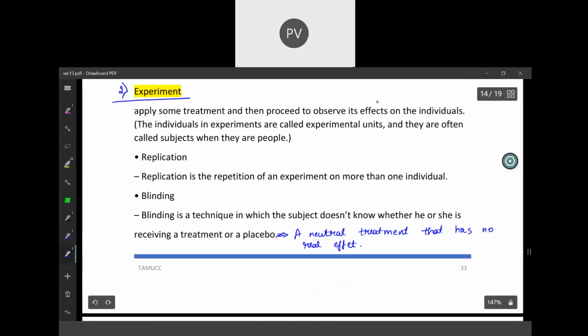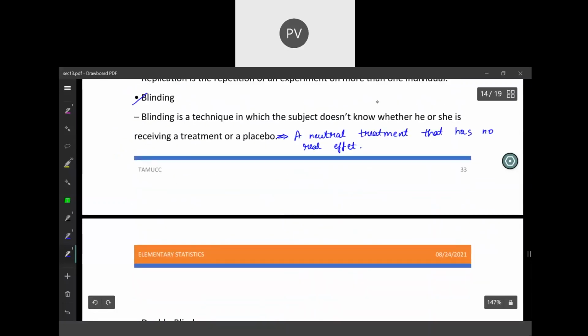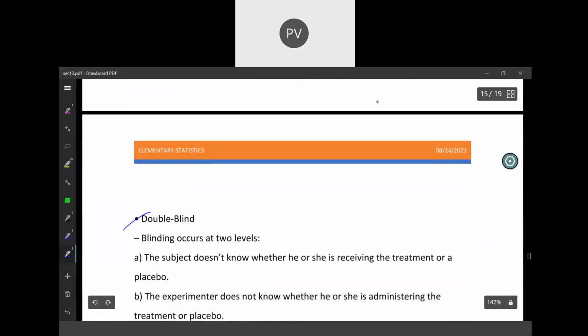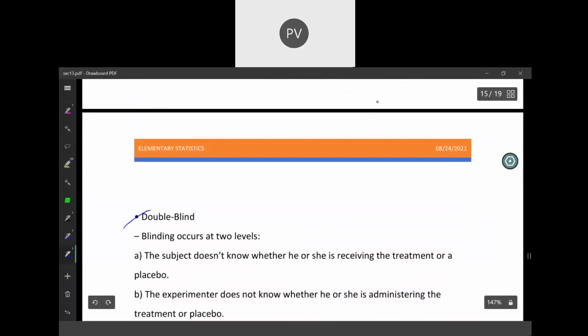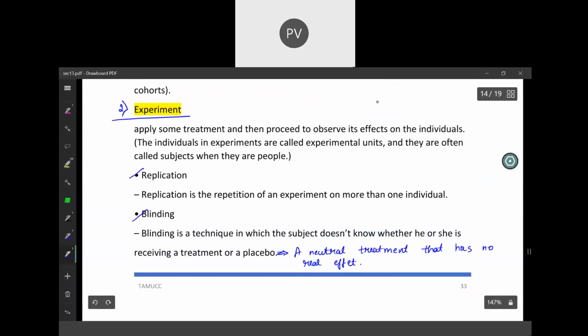In this we have three types: replication, blinding, and double blind. So what is replication? It is very simple. It is nothing but repeating the same experiment on different individuals. Repeating the experiment on more than one individual is called replication.